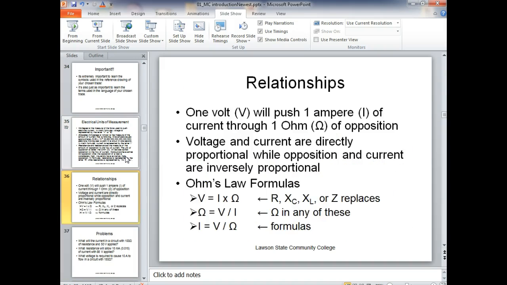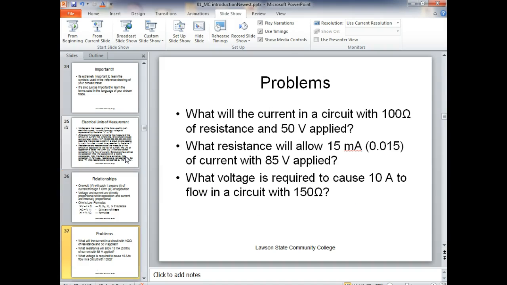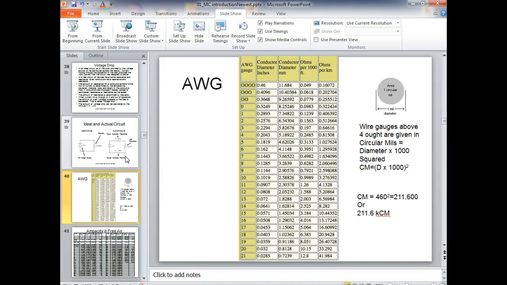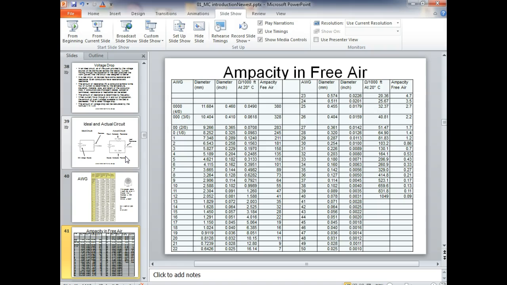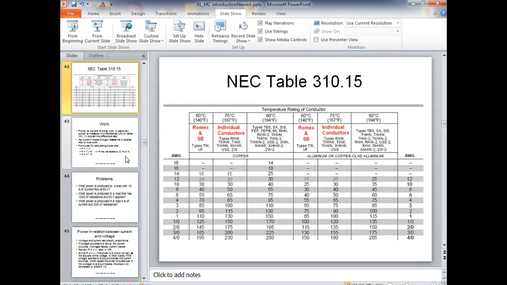Looked at schematics. Let's see. Talked about Ohm's law and Watt's law, a little bit of that, right? Did some problems. Looked at the American wire gauge, and then we looked at ampacity ratings in free air, and then we looked at NEC ratings for conductors.